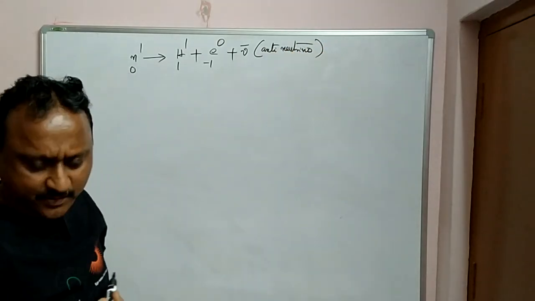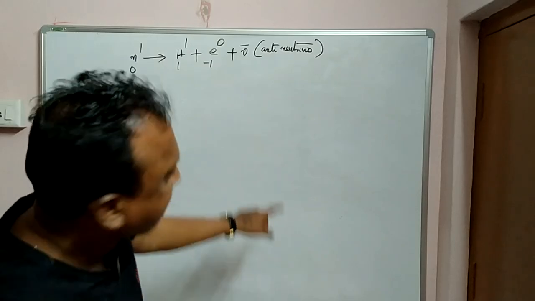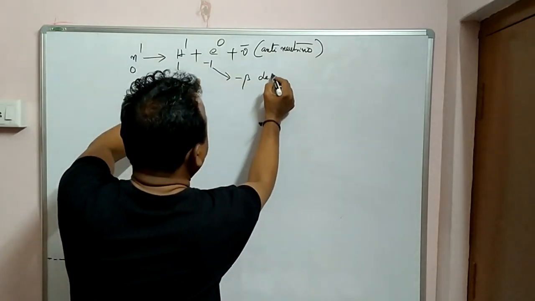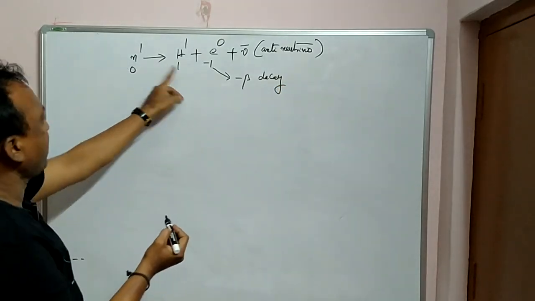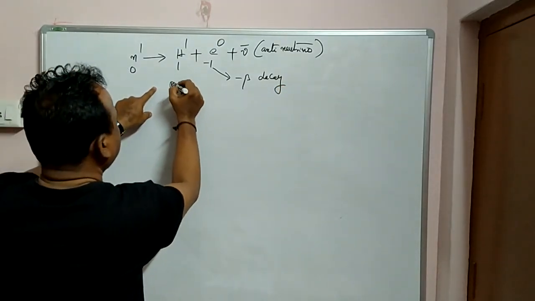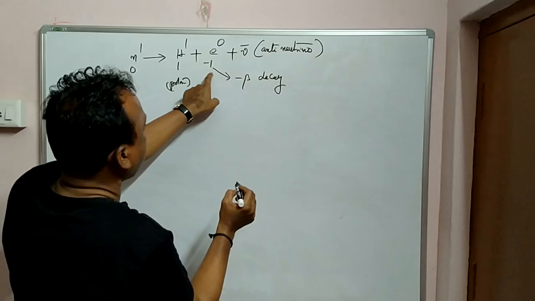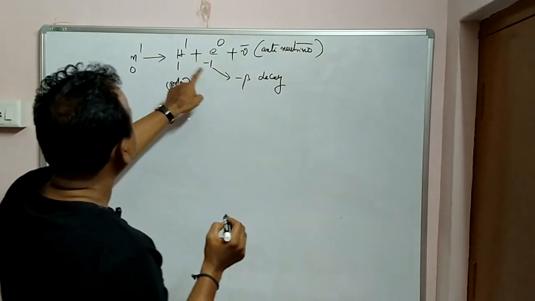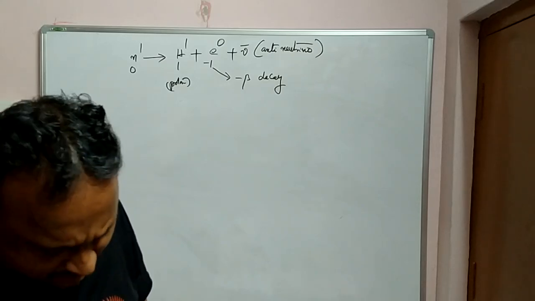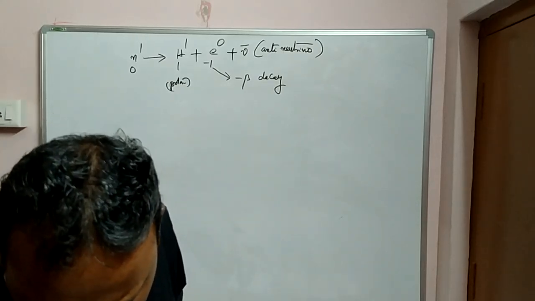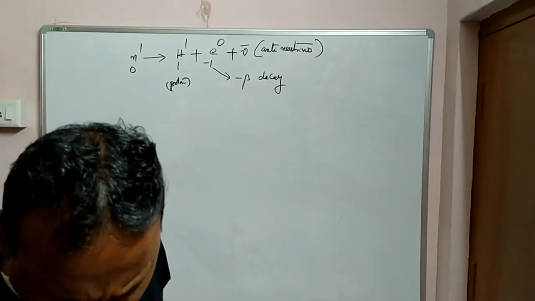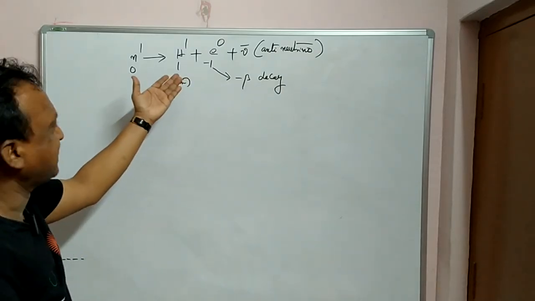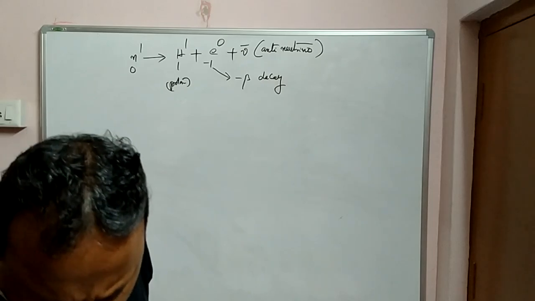So in negative beta decay, the neutron is coming out as a proton, an electron, and an anti-neutrino. You can see the balance: 1 plus 0, 1, 0, neutron. Clear? You can take some more examples also from your periodic table and put the values there. Any doubt?